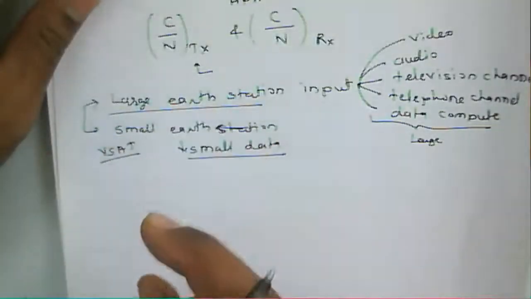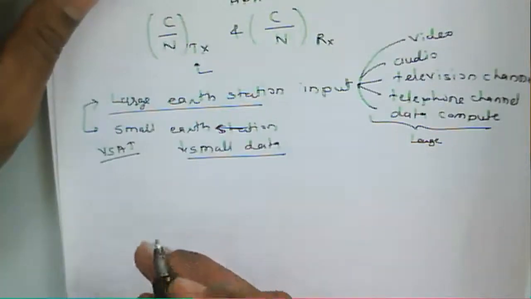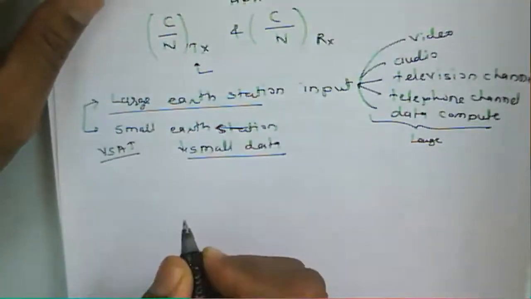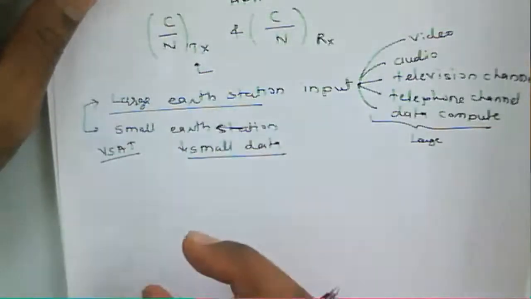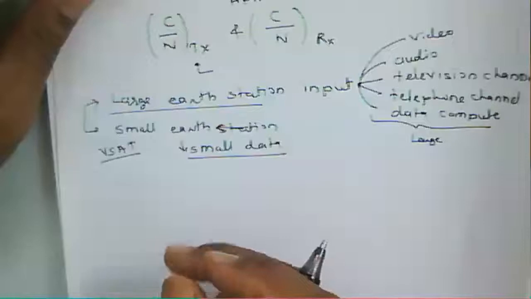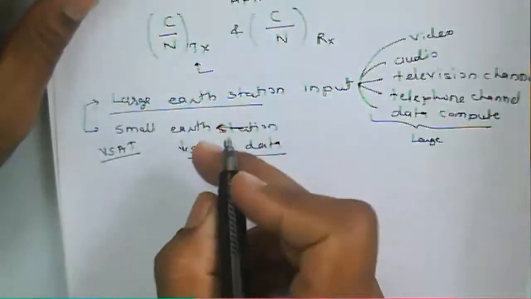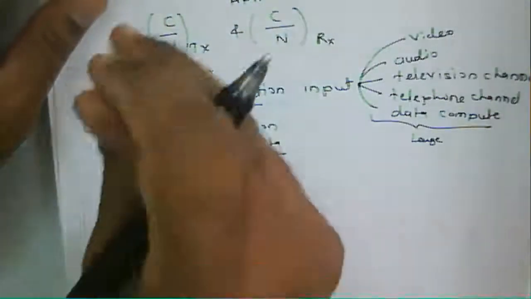That earth station will transmit a large or small amount of data, so the power requirement will be large or small according to the size of the earth station, or the size of the data. That's why we require high power to be transmitted from this power amplifier.